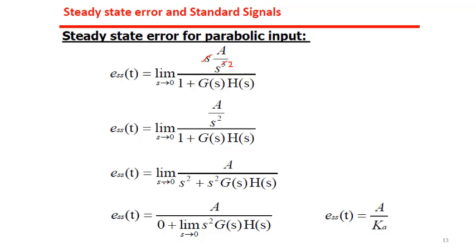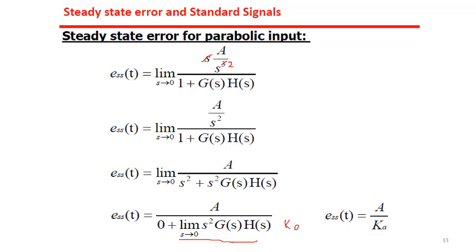Applying the limit for the s domain terms, we get e_ss as a function of t equal to A divided by 0 plus limit as s tends to 0 of s squared into G(s) into H(s). So the denominator term, limit as s tends to 0 of s squared G(s) H(s), is equal to the acceleration constant, that is Ka.